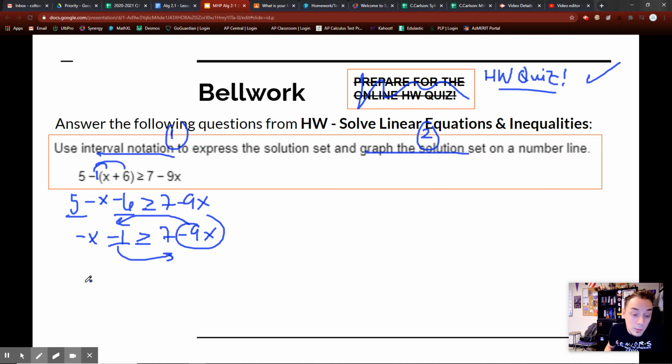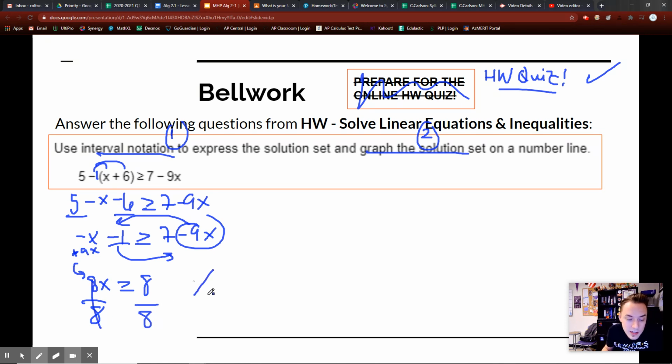So what do I have? I will have 8x, if I add the 9x over here, negative x plus 9x gives me 8x, greater than or equal to. If I add the 1 over, 7 plus 1 is 8, divide by 8.